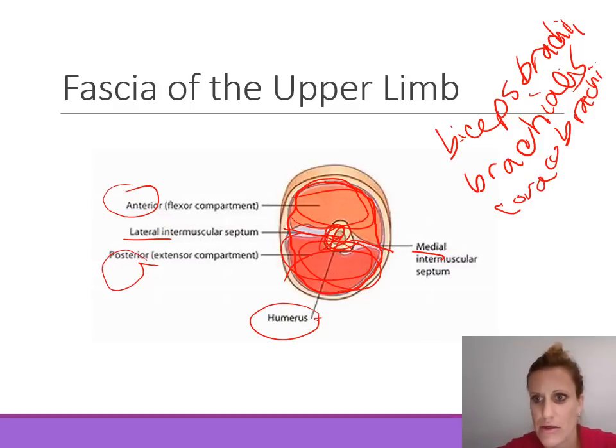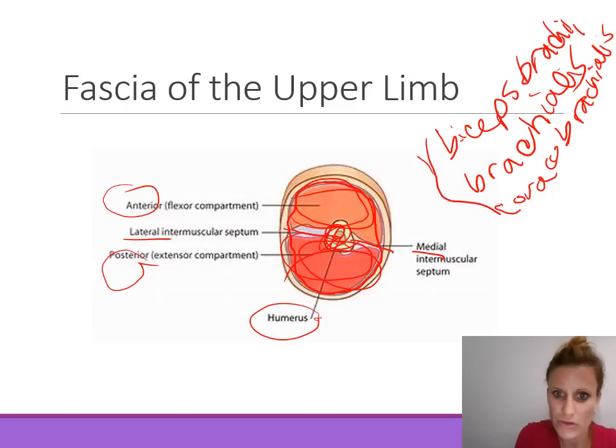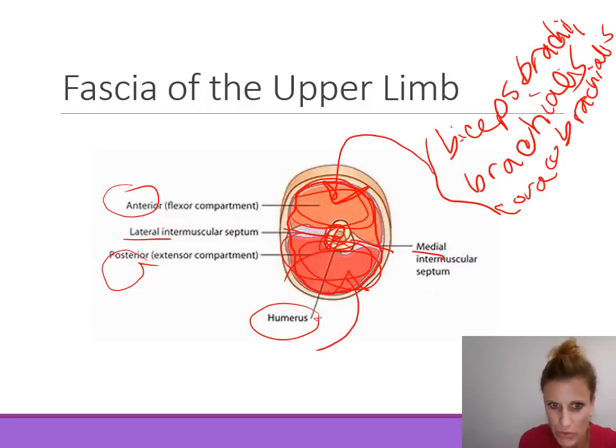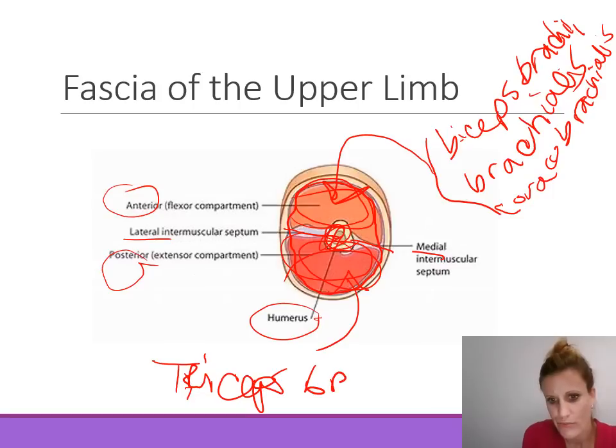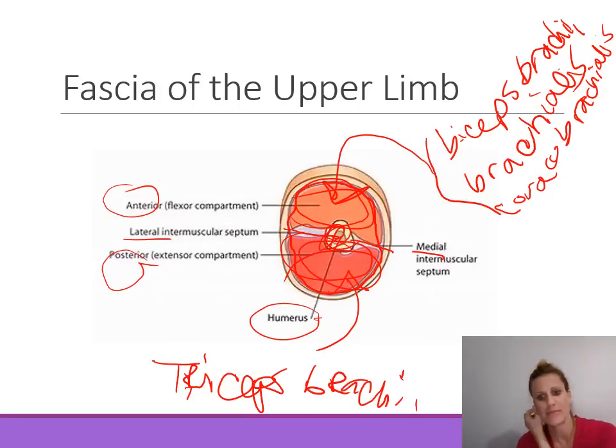Those are all the flexors that are in the anterior compartment. The posterior compartment includes the extensors, or extensor, which is triceps brachii.